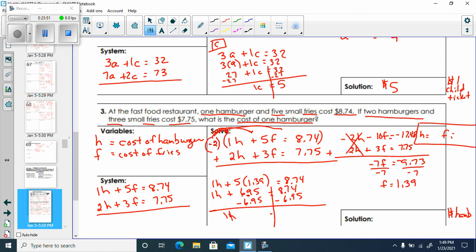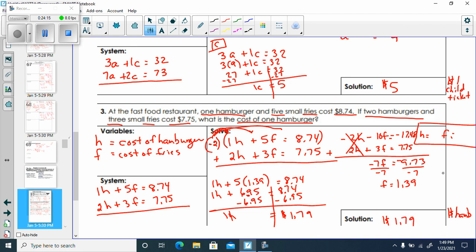One hamburger then would cost $8.74 minus $6.95, which is $1.79. So one hamburger costs $1.79. What did they ask me for? The cost of a hamburger, which is $1.79.